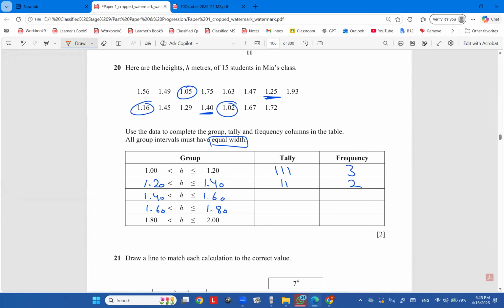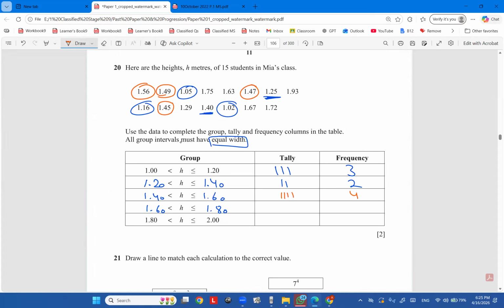So 1.40, which is not included, but it's less than 1.60, which can be included. So you're gonna find this one, this one, this one, 1.60 is less in between, which is this one here. 4, I guess it did not count the 1.29, which is also here, part of this.